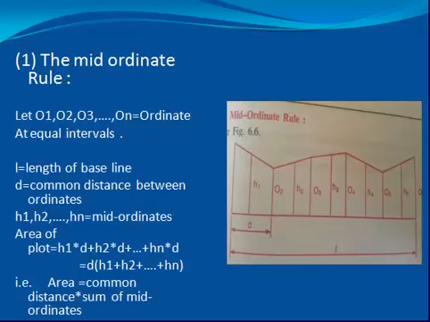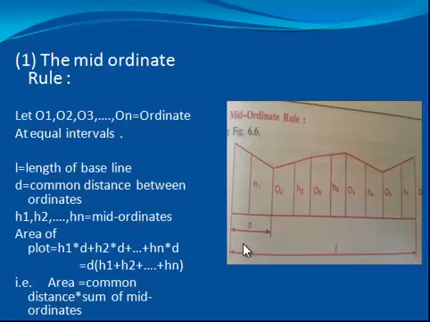In this method, the tract is divided into segments, and the length of the mid-ordinate of each segment is measured. As shown in the figure, the offsets are O1, O2, O3, O4, O5 and O6, and the mid-ordinates are H1, H2, H3, H4 and H5.